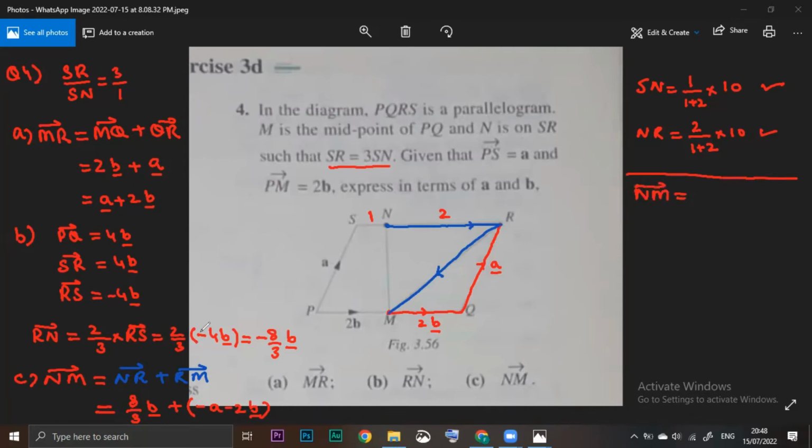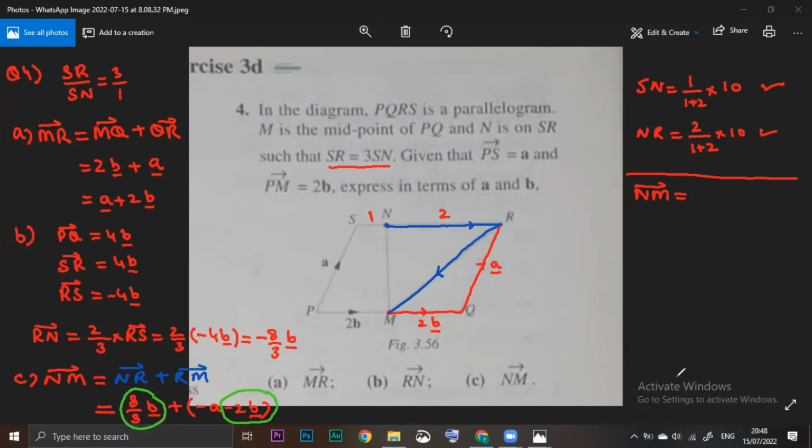So 8 over 3B minus 2B minus A. I will add these two, this one and this one.